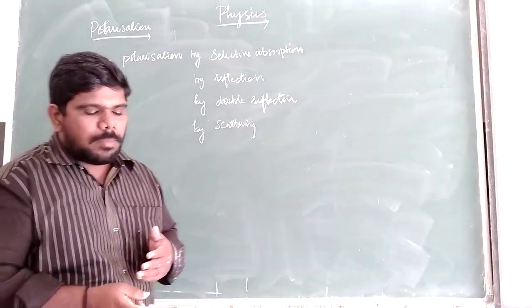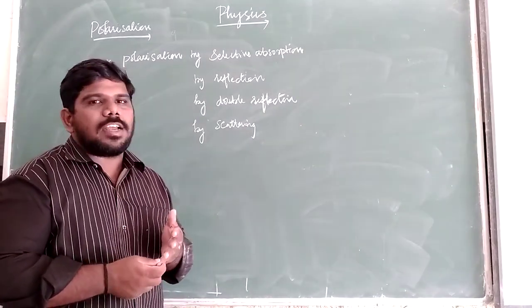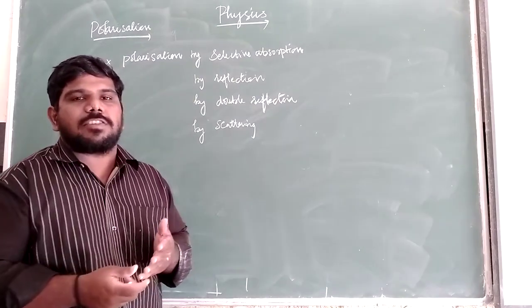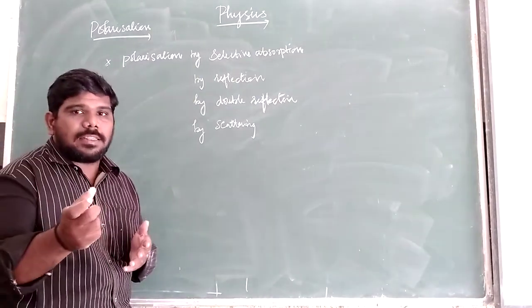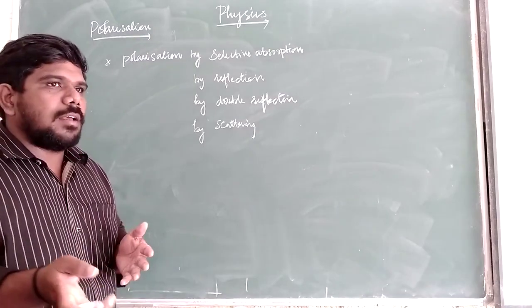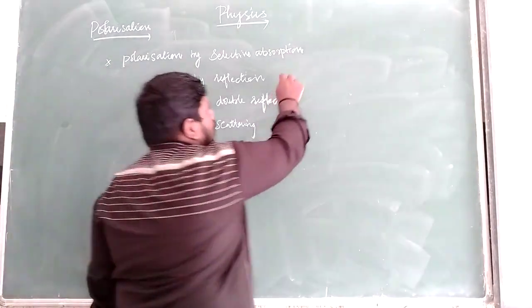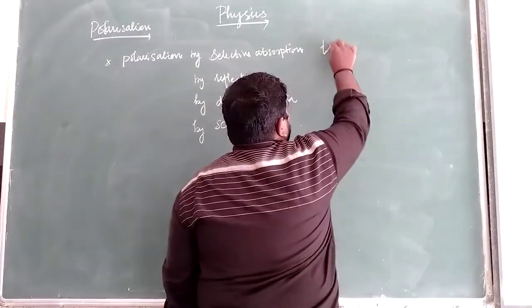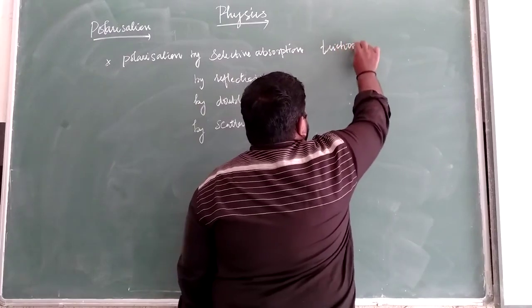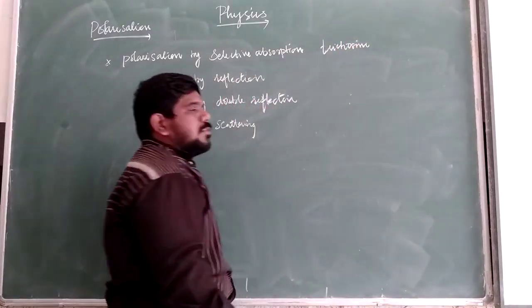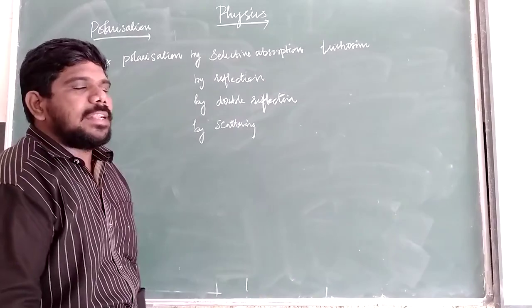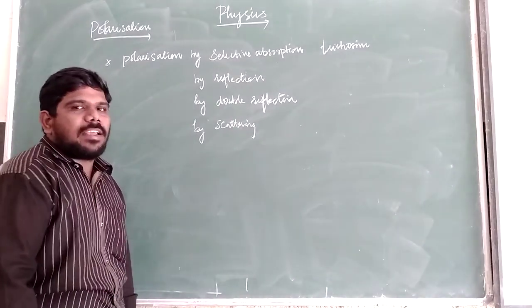The polarizer is commercially made of thin sheets. The selective absorption method is also called dichroism.